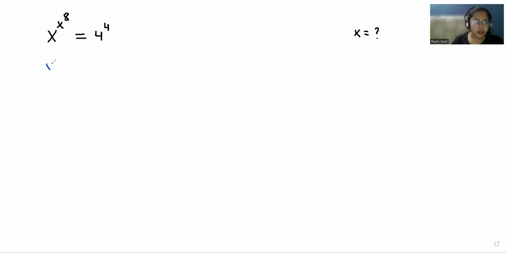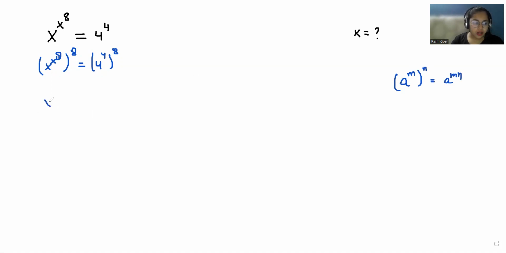So my first step is to raise both sides to the power 8. Now according to the exponent rule, (a power m) power n is equal to a power mn.